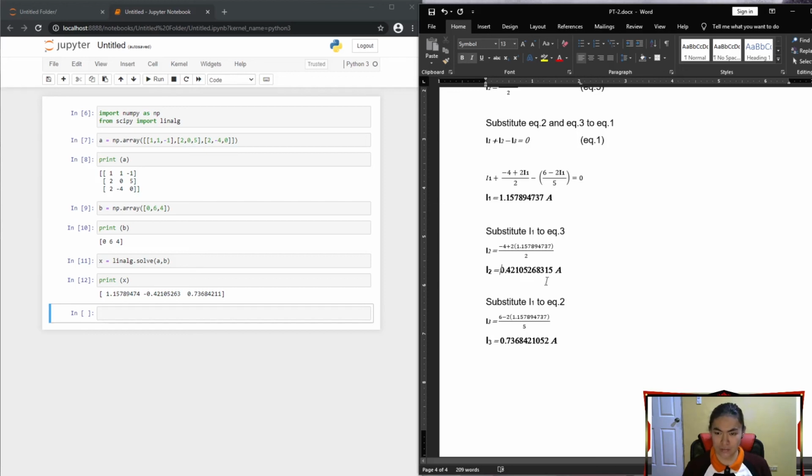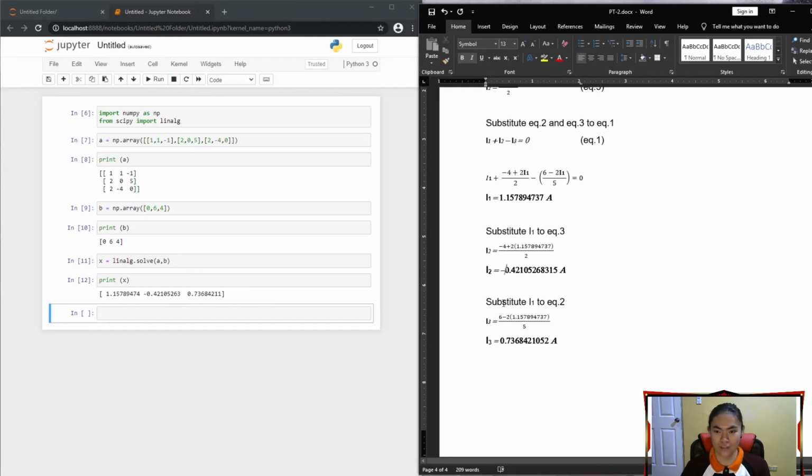Negative dapat to siya. Sa calculator, negative siya. Negative 0.42105268315 amp or ampere. So, same rin siya ng value dito sa ating Jupyter Notebook.